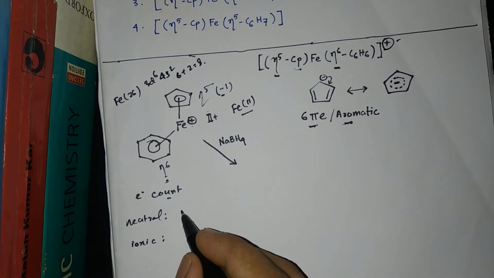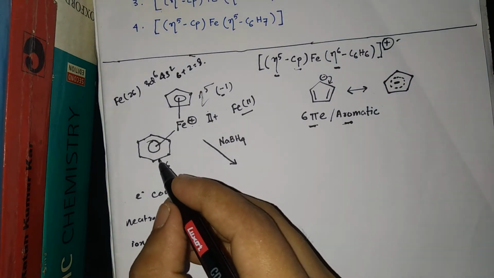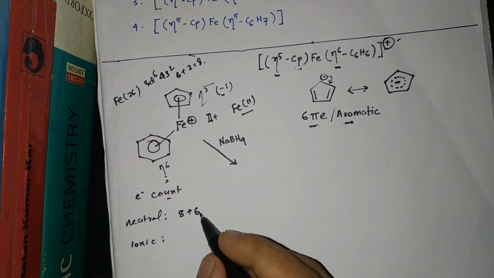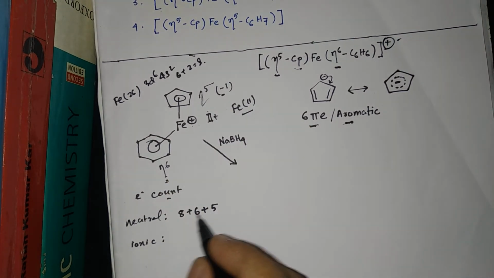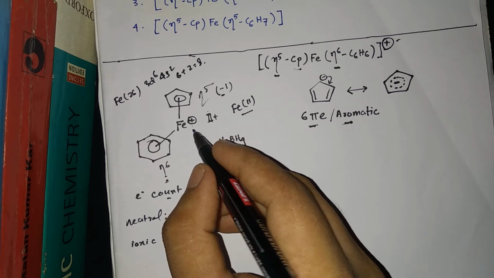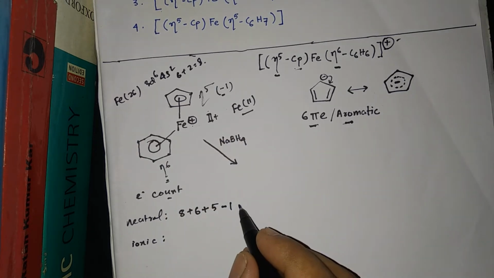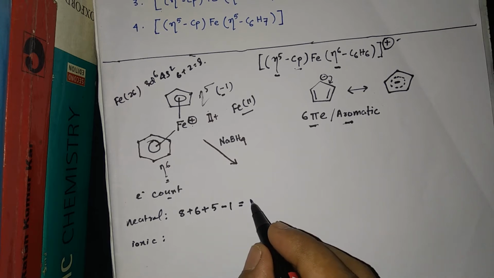So these 8 electrons come from the iron, this eta 6 will give 6 electrons, this eta 5 will give 5 electrons, and after that one positive charge is there on the complex, and therefore 1 electron less. So this is the 18 electron.